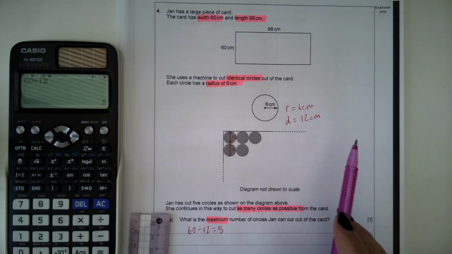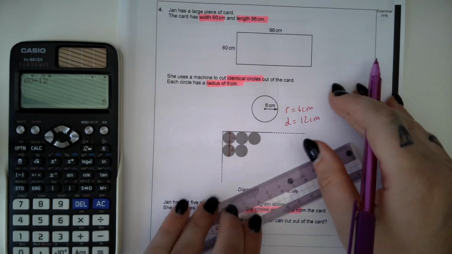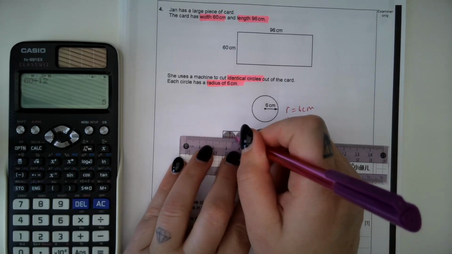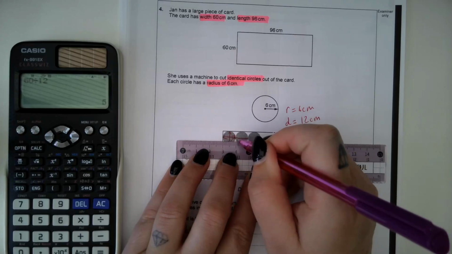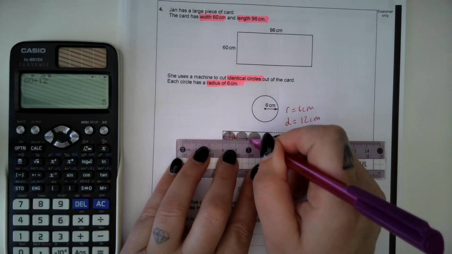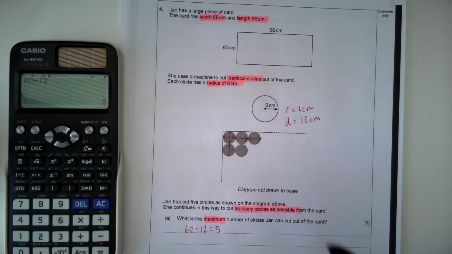We're going to do the other way as well. So remembering that this, try not to use the bobbly part of my ruler, this is 12. This is 12. Remember that the diameter is the same at different orientations as long as it goes from the circumference to the circumference, so one edge to the other, but through the centre.